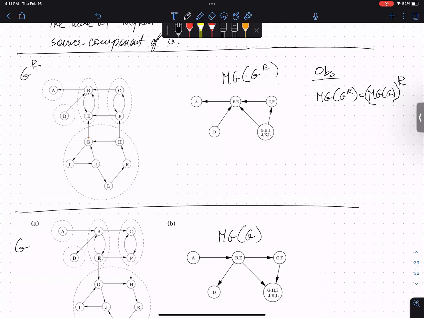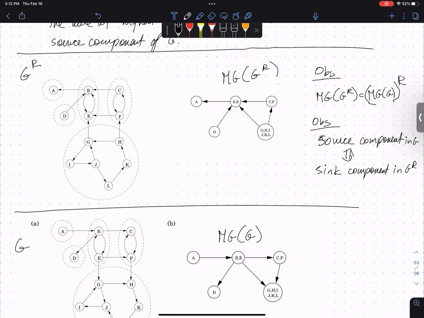What about sources and sinks? Observation. Source component in G becomes a sink component in G reverse.